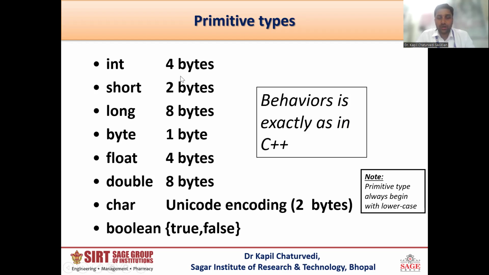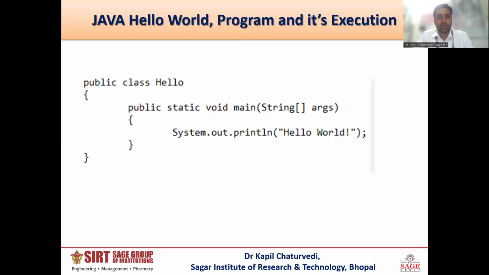Storage capacity means how much memory a variable of that kind occupies. So int will occupy 4 bytes, short will occupy 2 bytes, long will occupy 8 bytes, and so on. This is very similar to C++ programming.